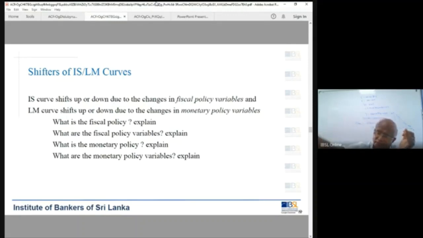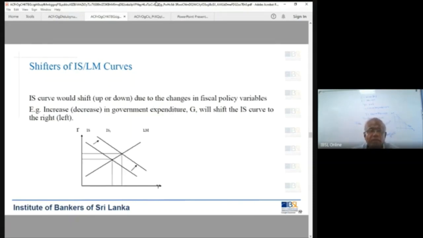Government can increase the expenditure, cut the expenditure. Fiscal policy variable. Government can increase taxes, decrease taxes. Fiscal policy variable. Monetary policy variable, interest rates. The IS curve would shift up or down due to changes in fiscal policy variables. An increase in government expenditure will shift the IS curve to the right.